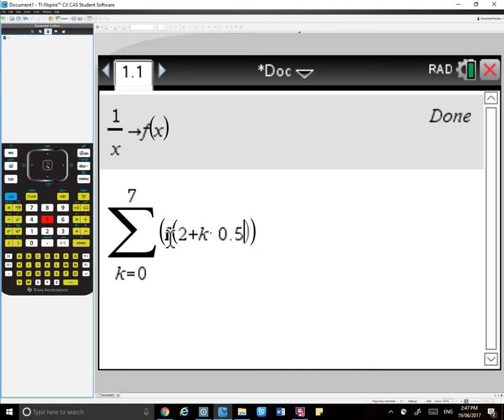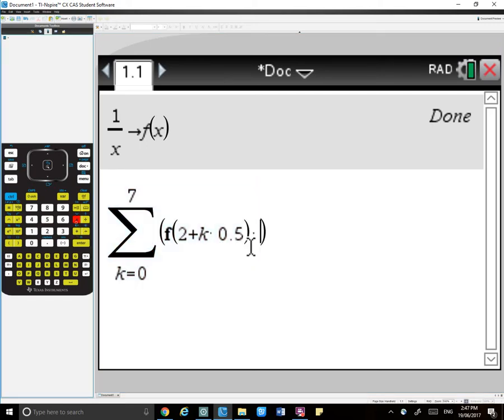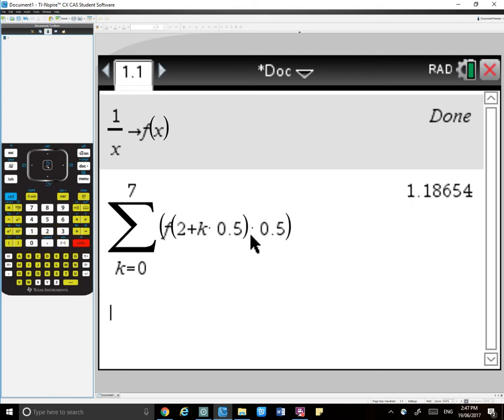You have 2.5, 3, 3.5, you just keep adding that until you get to 5.5. And then that number will times by 0.5 as well, because each rectangle will times by the width. And I press enter. That will give you this value, 1.18654.